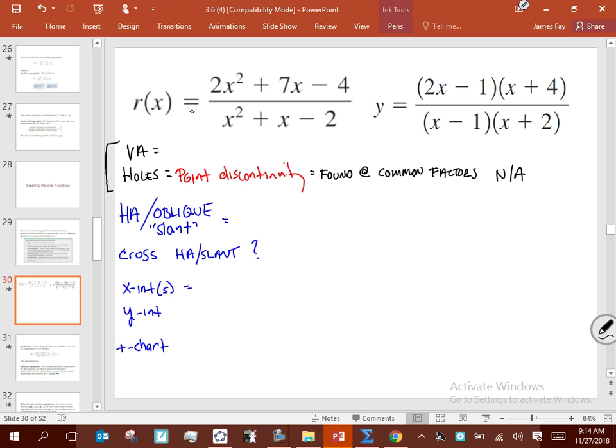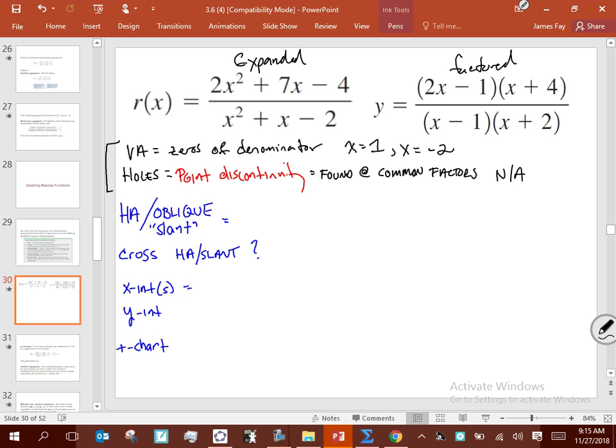For vertical asymptotes, you might see it written this way, you might say zeros of the denominator. Well, the zeros of my denominator will be located at x equals 1. It's x equals negative 2, isn't it? So this is the expanded version, and this is the factors.